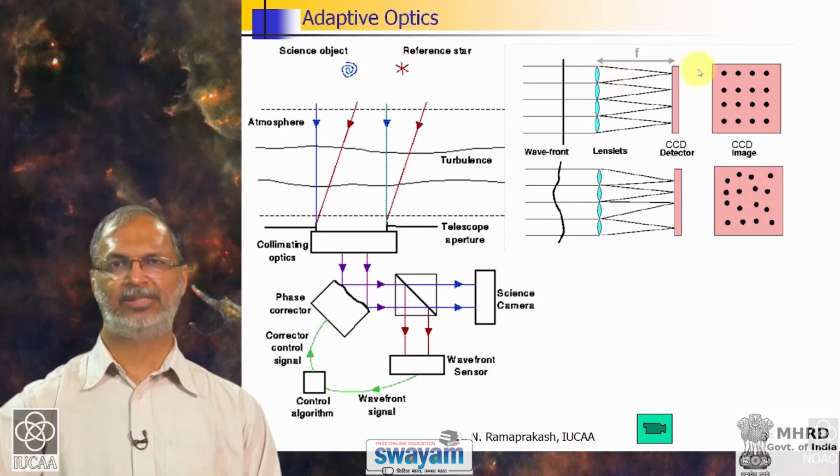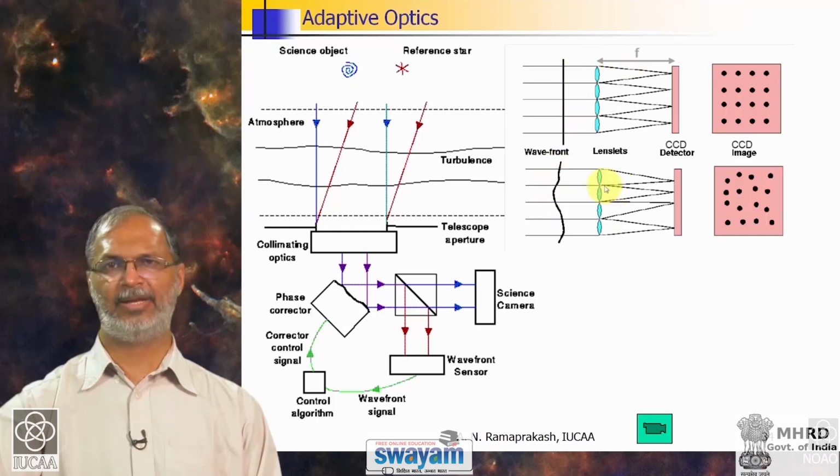So, from each lenslet you get a spot on the focal plane. However, if the wavefront which is arriving here is distorted like this, the light which is falling on this lens will be tilted, which means that the spot which is formed by that lens would move to a location compared to where it should have been if the wavefront was plane.